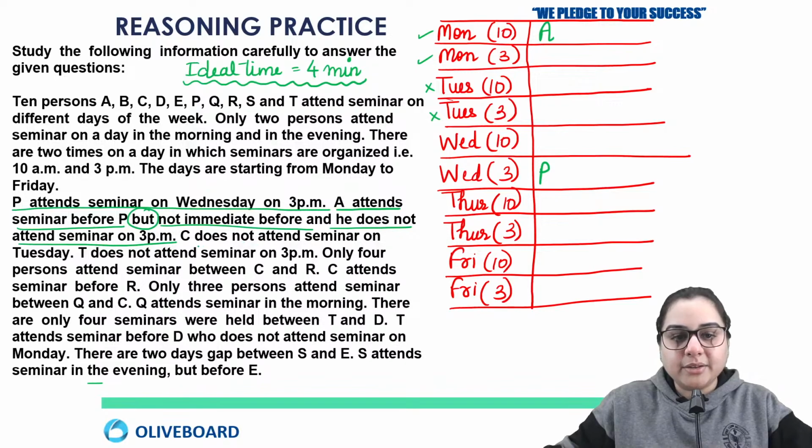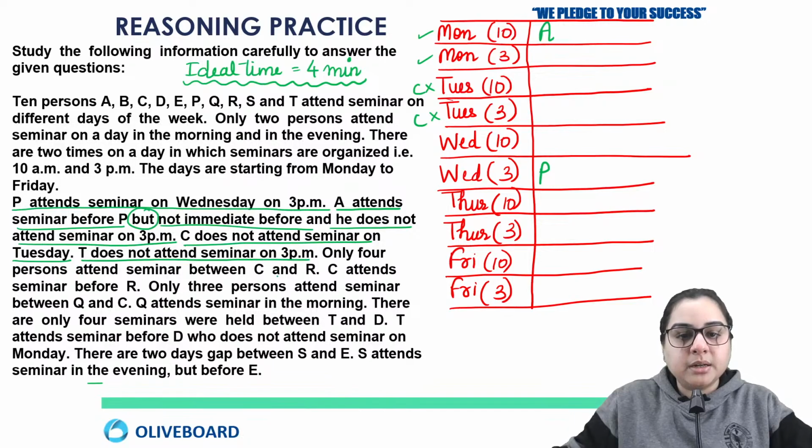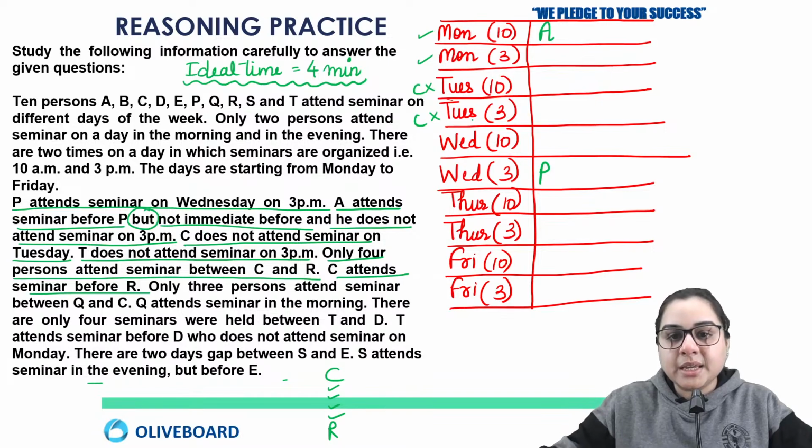The next line we have is that C does not attend seminar on Tuesday. The next line is that T does not attend seminar at 3 p.m. So C is not attending on Tuesday and T is not attending at 3 p.m. This we are going to use later on. The next line can be used: only 4 persons attend seminar between C and R, and C attends seminar before R. Also, C cannot attend seminar on Tuesday.